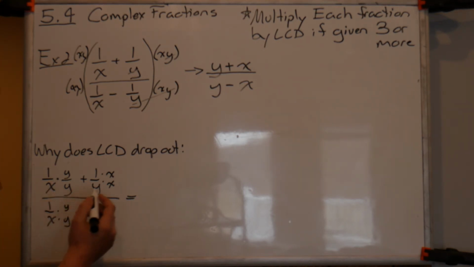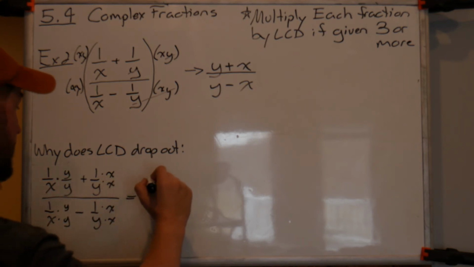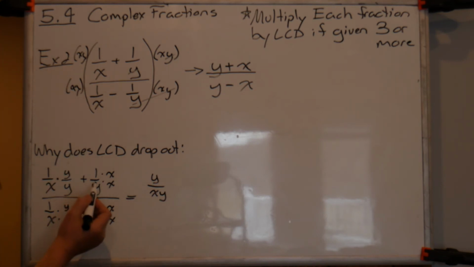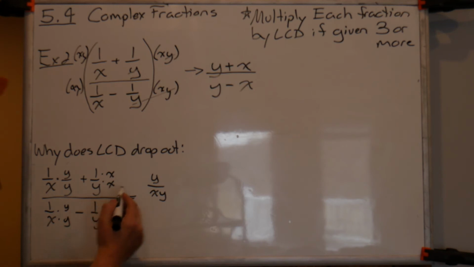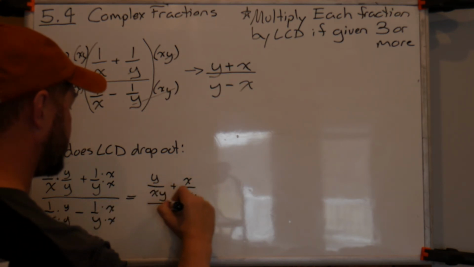If you change these to make them equivalent, I would need to multiply my first one over x. I would multiply each one by y to get a y over xy. Then this one, to make an xy for a denominator, I need to multiply by x. So I'm adding x over xy.